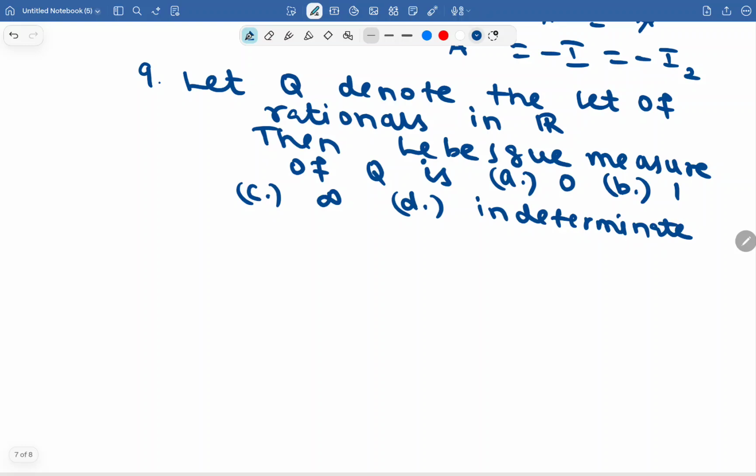We have to find the Lebesgue measure of Q, where Q is the set of rationals in R. First option 0, second one is 1, third one is infinity, fourth one indeterminate.